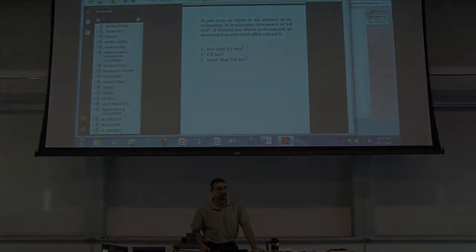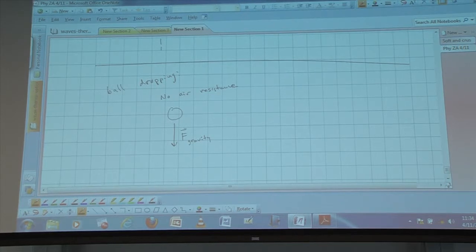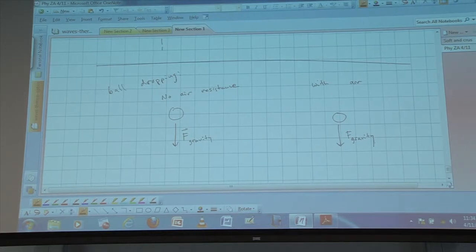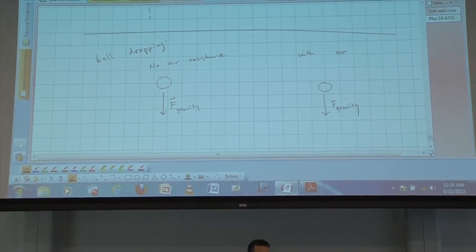What about if it's on its way up? The only force acting on it is gravity. You've got the force of gravity down, but you've got the air pushing up on it, right?